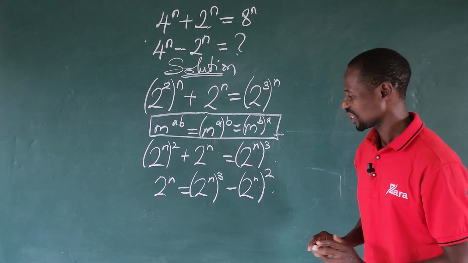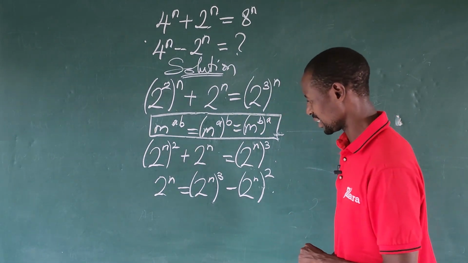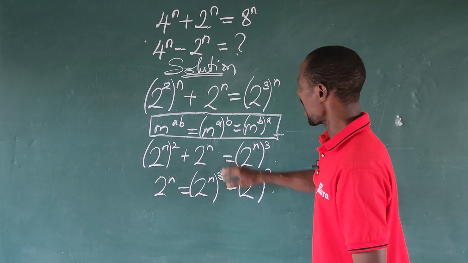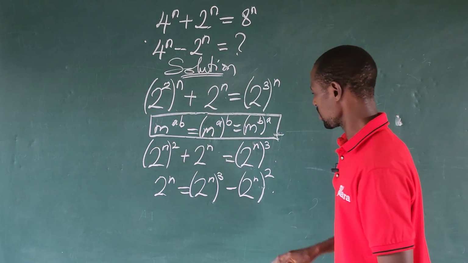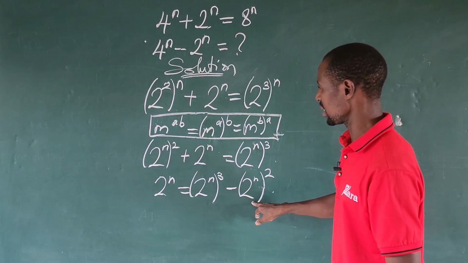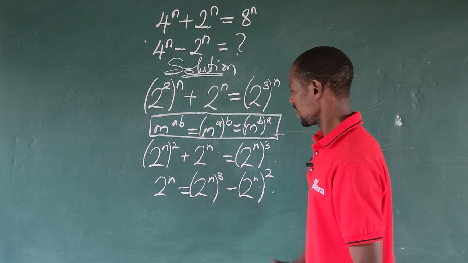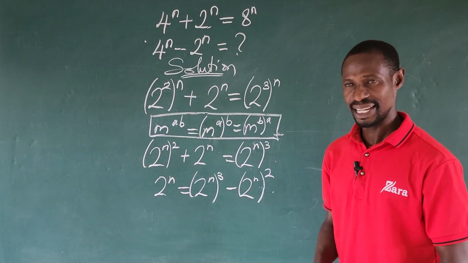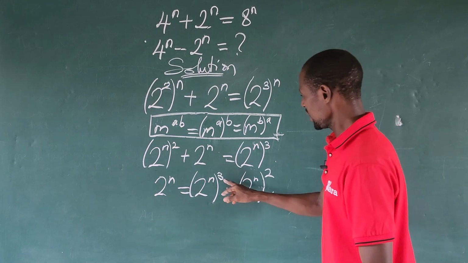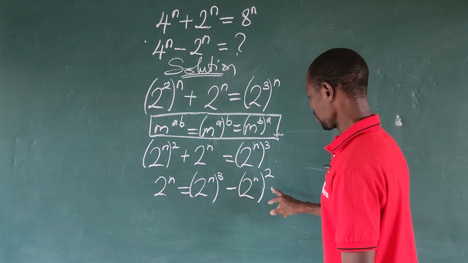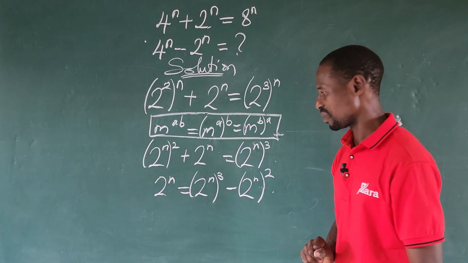Right. So we are getting them gradually. So how do we bring out 4 and 2 to the power of n from here? Already we have 2 to the power of n here already. So how do we now bring out this 4 to the power of n here? That's the next thing, right? So here we can rewrite this expression we have here and also rewrite this expression we have here.